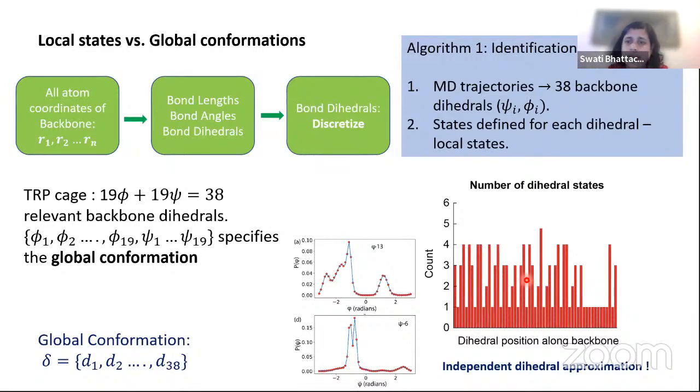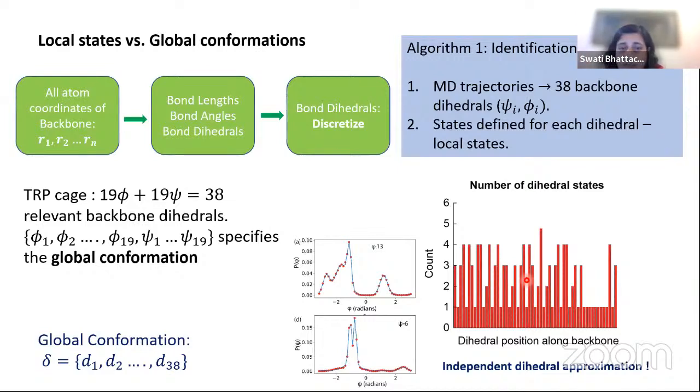Now, if we just multiply the number of accessed local states by each dihedral, the number that we get is actually the size of the total probable conformational state space of the protein. Of course, many of those states would not exist because of self-intersection and many other reasons, but this is just the first example that I'm giving you of a large number that comes out of this kind of thinking.